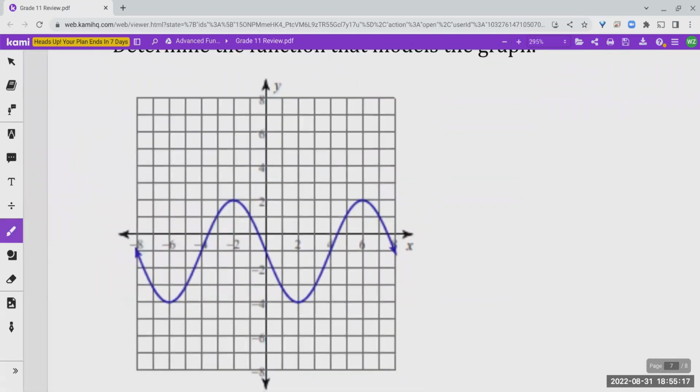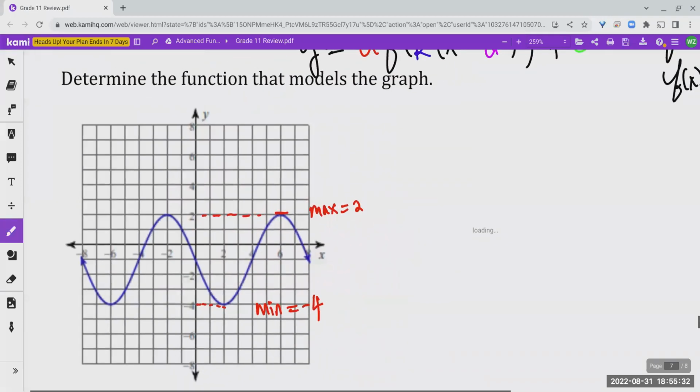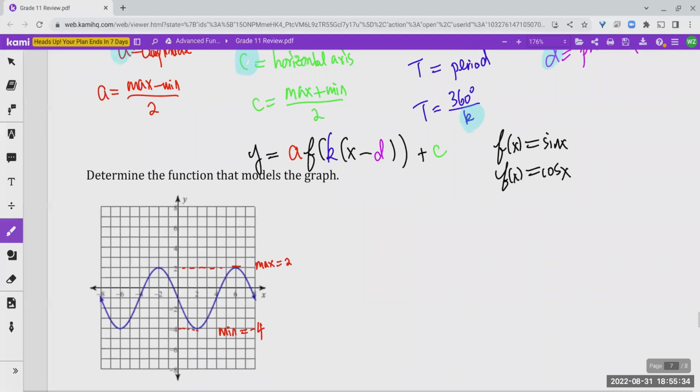Okay. I'm going to need the maximum value. So max is 2, and I'm going to need the minimum value. Minimum is -4. Why? Well, because again, the formulas I just showed you, all you have to do is figure out A, K, D, C, plug it in, boom, there's your function, right? So what is A?